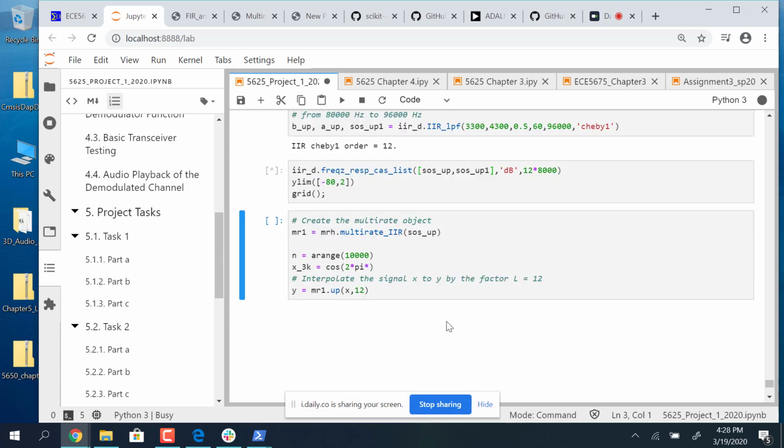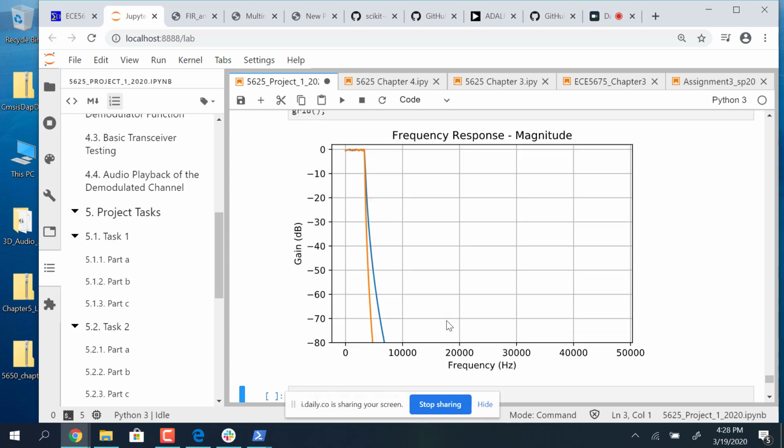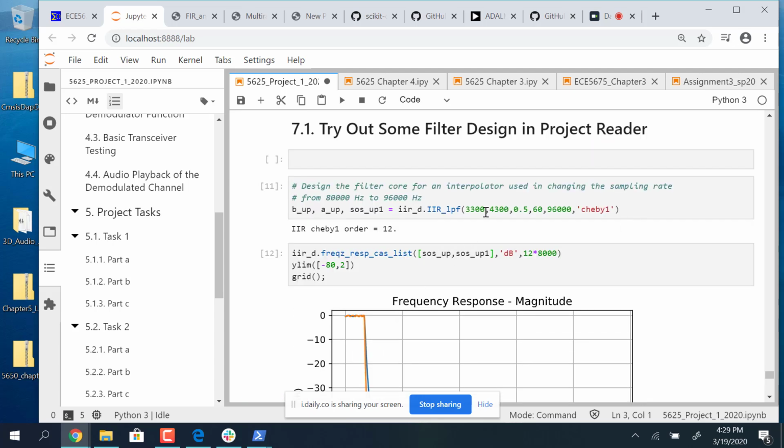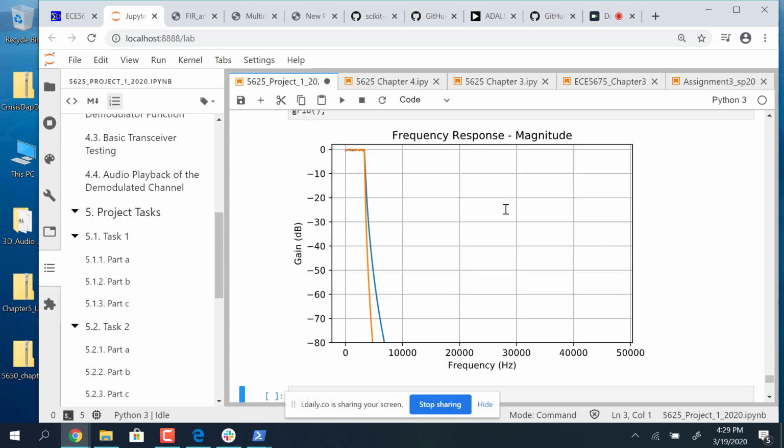And now my plot will have a slightly different filter in it because the stop band critical frequency was to be 60 dB down, but now it's moved out in frequency because I said it was okay to go from 4,300 up to 6,000. So these are the types of things you get to play around with.